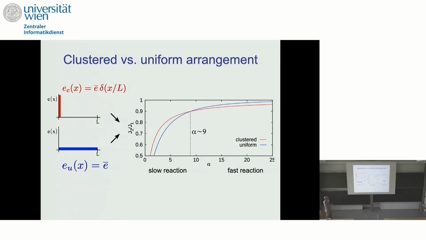And the other extreme limit would be we take all the enzymes and smear them out evenly over the system, and then we get the blue curve. What's interesting is that these two intersect, so that means even in this toy model we have the same phenomenon, namely that clustering is good and superior for slow reactions, and for fast reactions the uniform spreading out is superior.